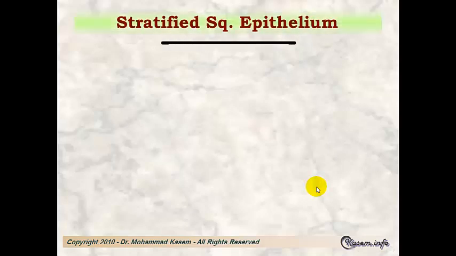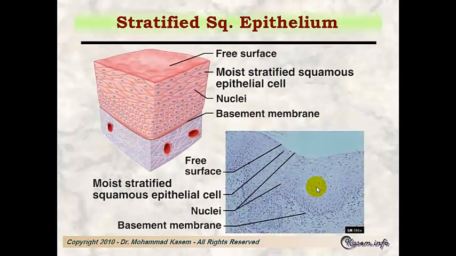The stratified squamous epithelium, in this view, we see several cells on top of each other, and the free surface like that of the skin here. The basement membrane is clearly visible, and in this view we see the actual true section under the microscope.